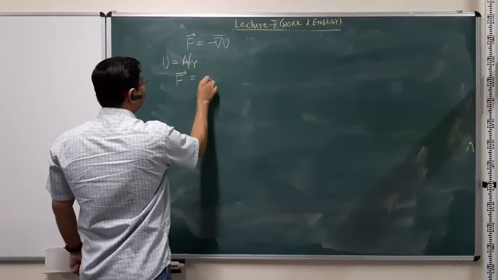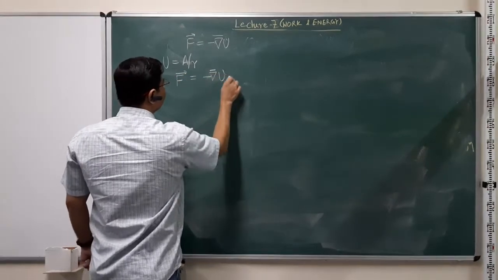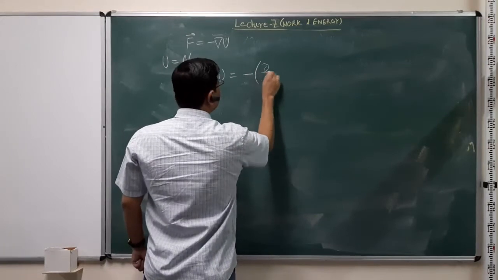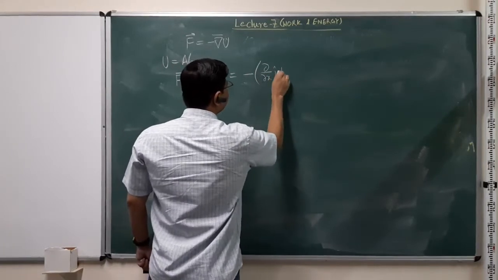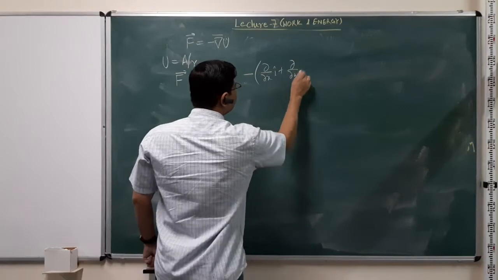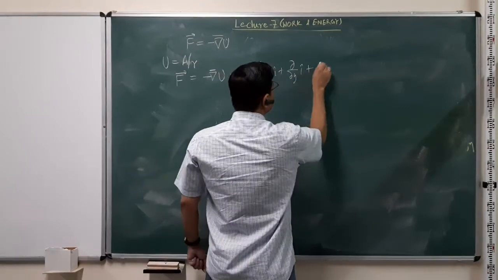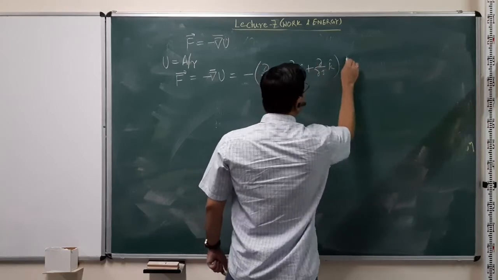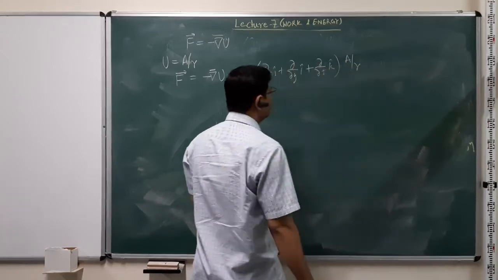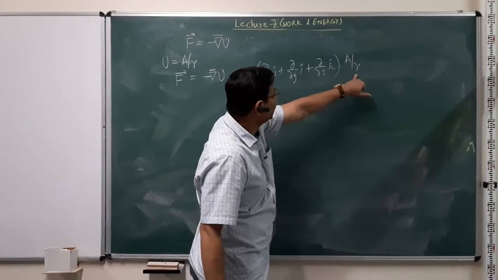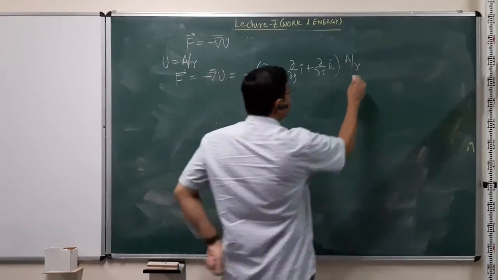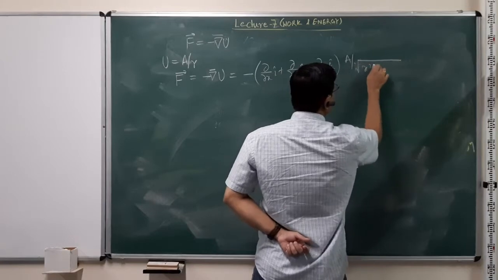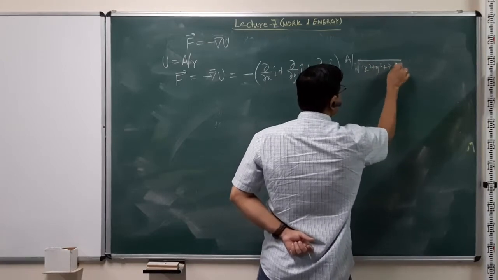Yes, I can, because I know that it's simply this, which is then going to be equal to del over del x i cap plus del over del y j cap plus del over del z k cap acting on A by r. This is our radial coordinate r, these are x, y, z, so we can also convert this into x, y, z and x square plus y square plus z square.